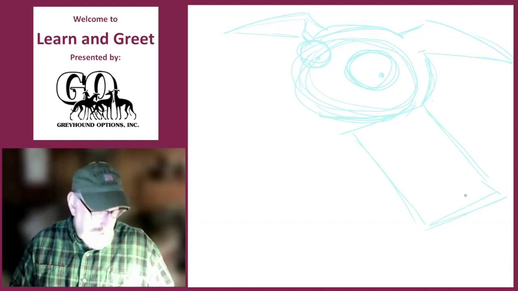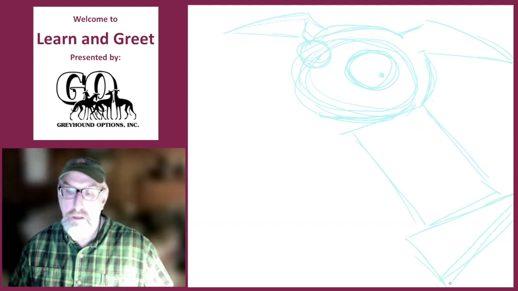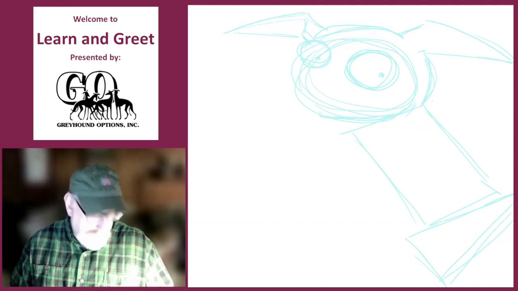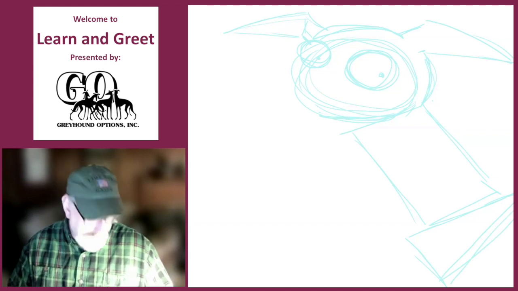I have a little bandana on him, so we might as well add that too. In this situation, it's going to be another triangle. And then we'll just have a fancy little knot at the end, which is a square and two more triangles.